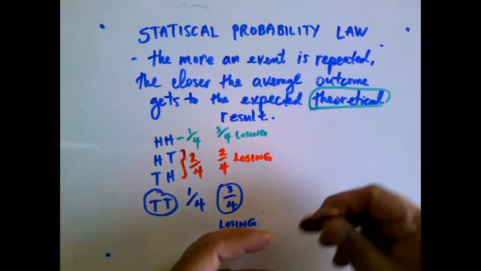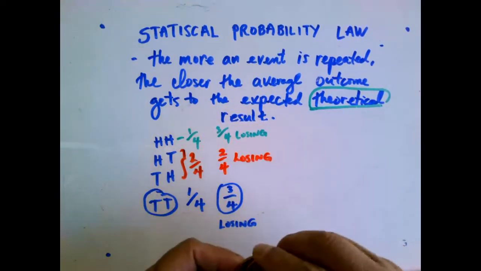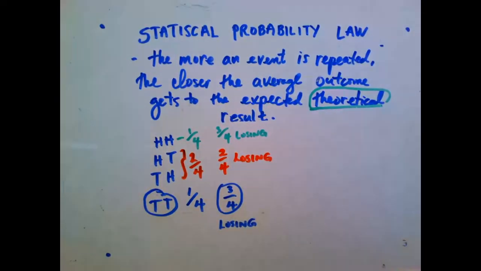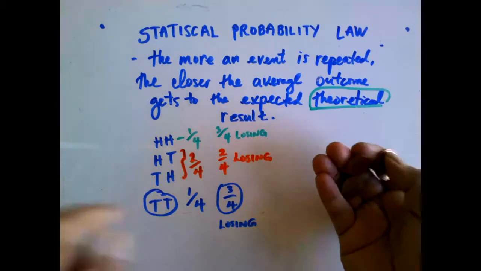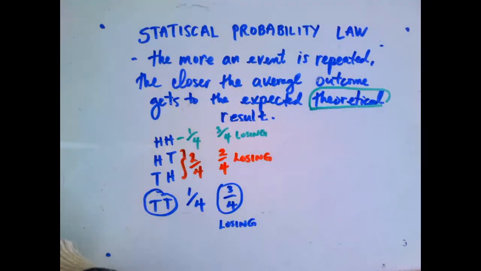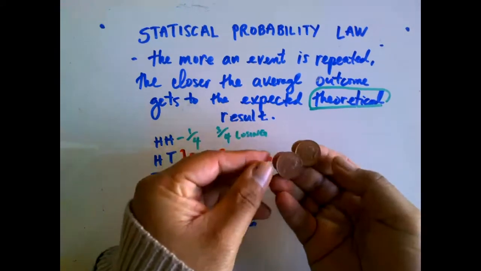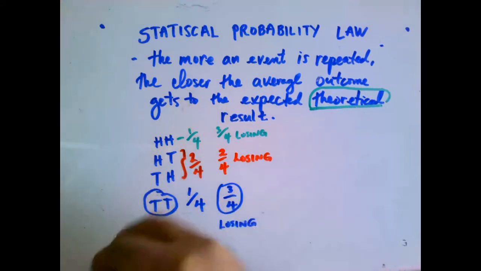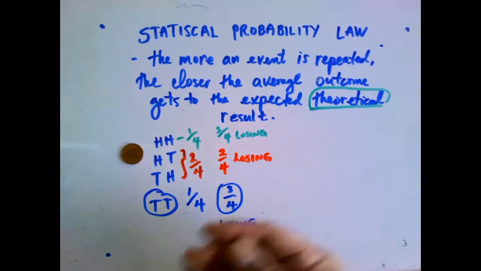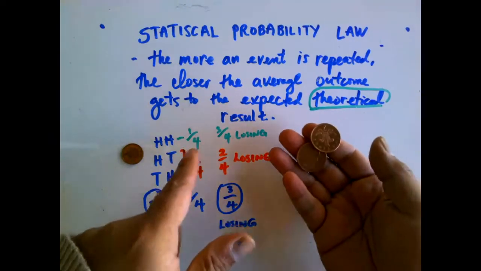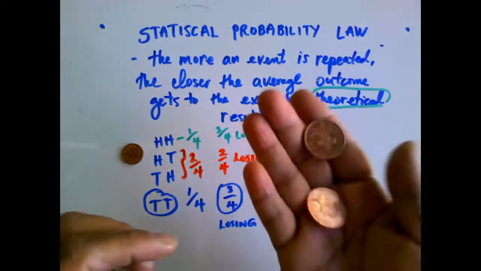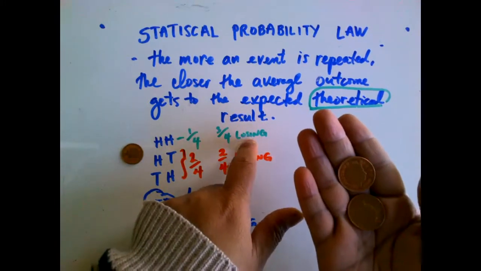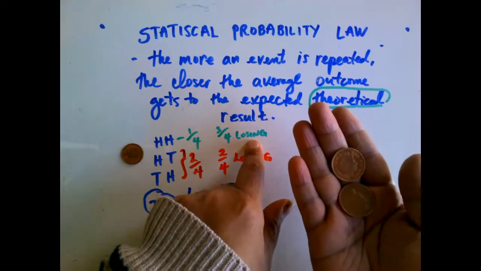So in a way, if I bet a penny and I say heads, heads, should I be winning more for the risk of losing 75%?